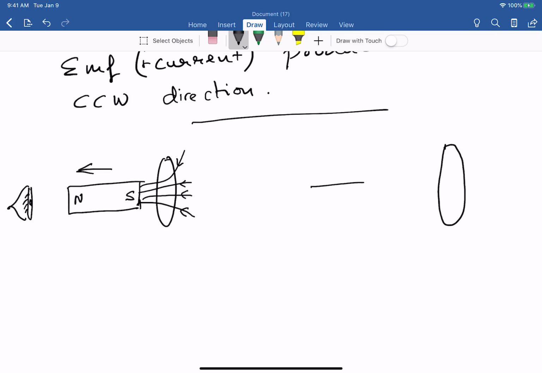The magnet is now far away. I should probably draw a few more over here, because the magnetic field will be stronger when the magnet is closer. So now you've moved the magnet away, and so the magnetic field will be weaker, but again pointing in the direction of the magnet.